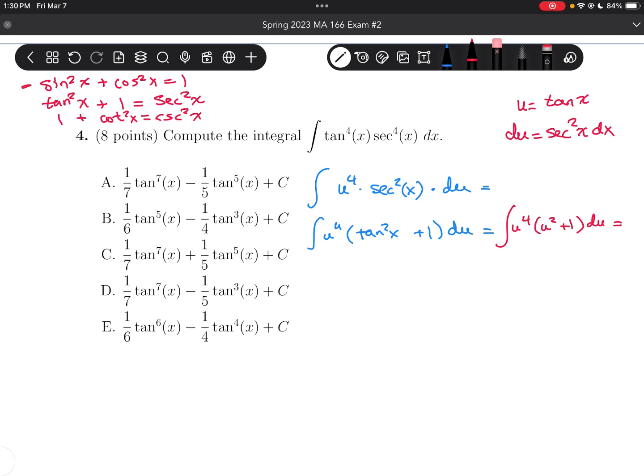And let me rewrite this in blue. Okay, and then now if I expand this, I get u to the power of 6 plus u to the power of 4 du.